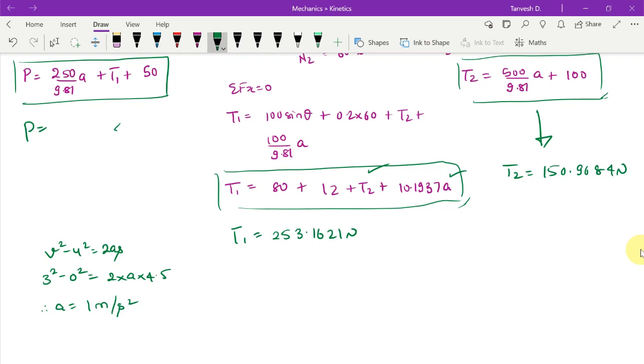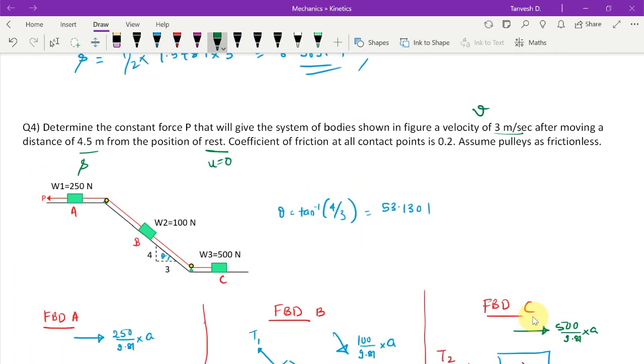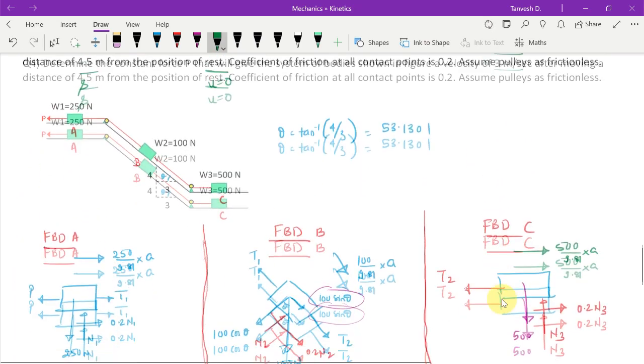So P we get is 328.6463 newtons, right? So this completes this numerical.